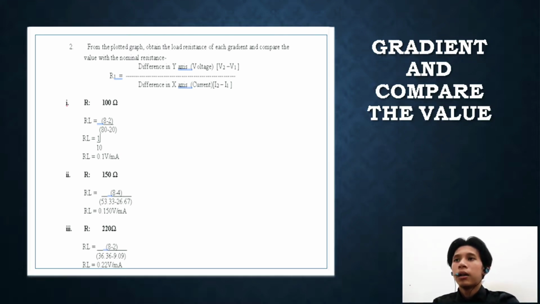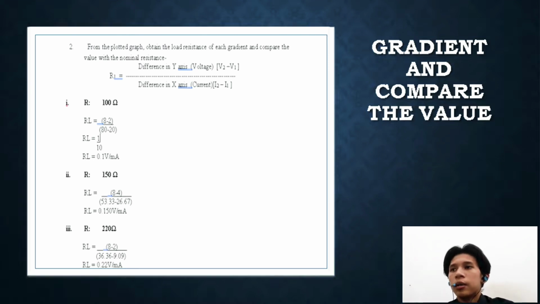To get the RL, we need to get the value from voltage per current. To get the value, we must take the value from the gradient. The first is for 100 ohms, the RL we get is 0.1 V per mA.